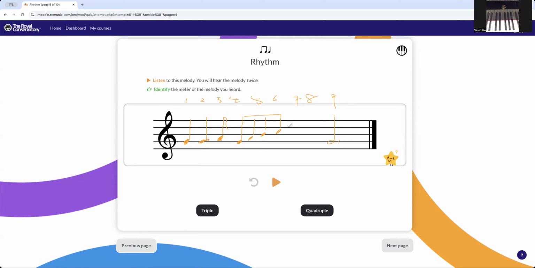Da, da, da, da, da. Okay, so that's the whole thing. I'm going to play that one again, and then tell me if this makes sense. How many do we have? 1, 2, 3, 4, 5, 6, 7, 8, 9. 9 notes in total. Let's listen to that again and tell me if that is okay.